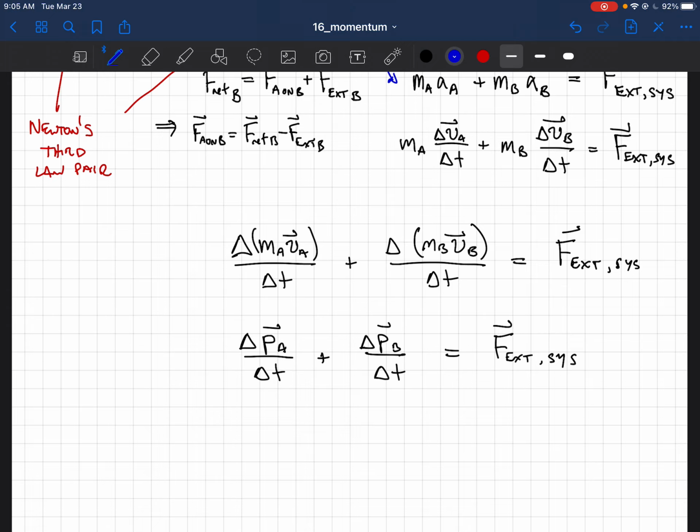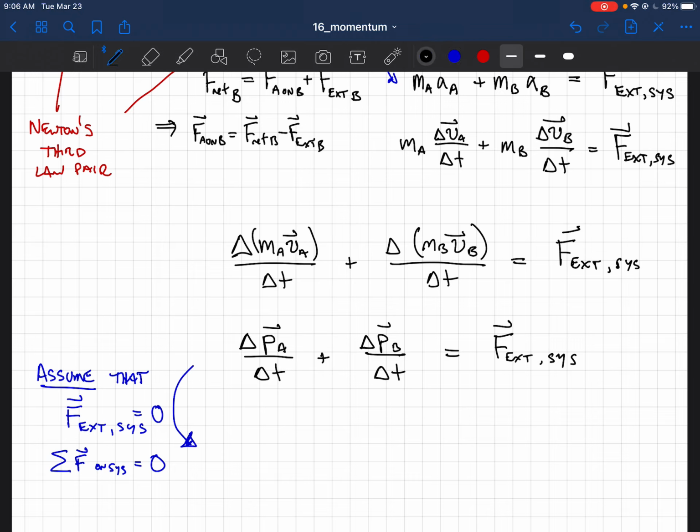And it's at this point that we make our condition which allows us to have conservation of momentum. So we assume that F external on the system is equal to 0. So the sum of the forces on the system is equal to 0.